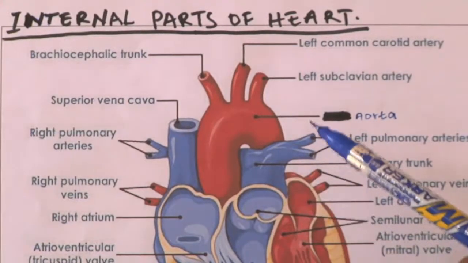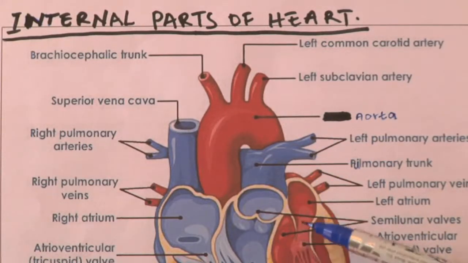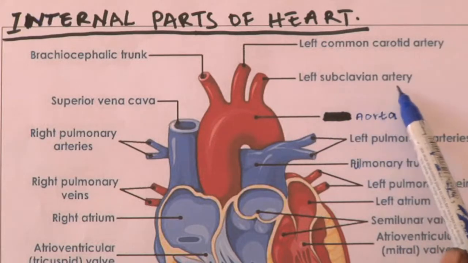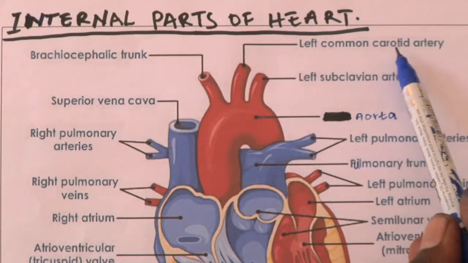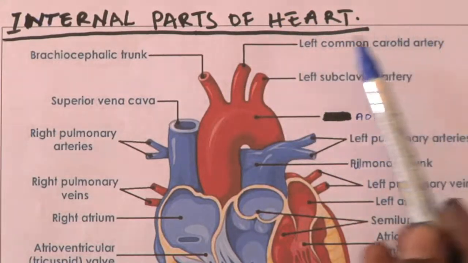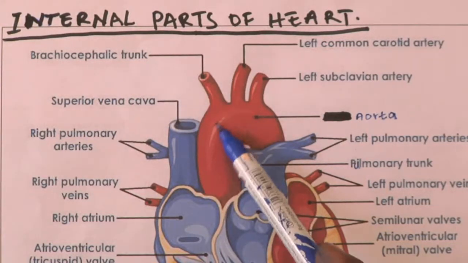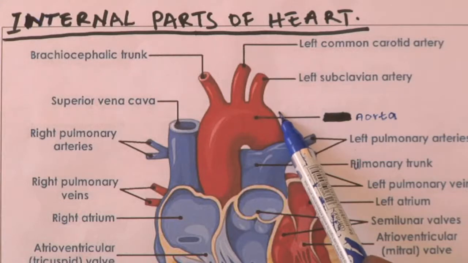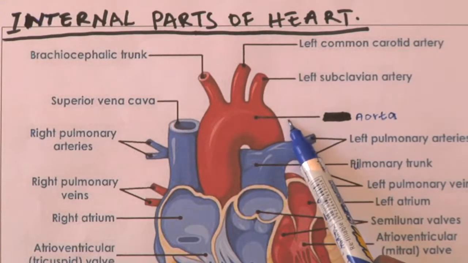Arising from the main aorta, the major blood vessel that leaves the heart, is the left subclavian artery, the left common carotid artery, which is going towards the brain, and then the brachiocephalic trunk, also an immediate branch from the aorta.